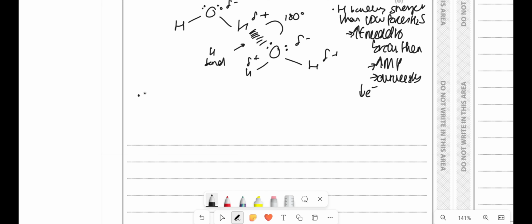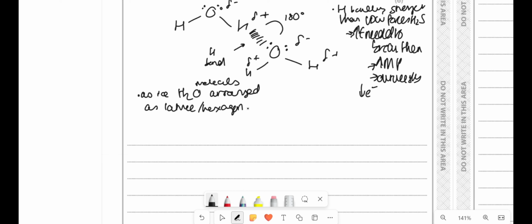So as ice, that's supposed to be a hexagon, I've drawn that terribly, the H2O molecules are arranged as a lattice, or you could say a hexagon, and that makes it less dense.